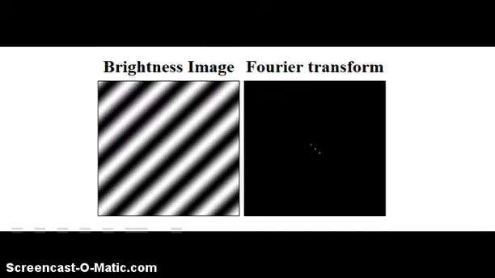Here's another brightness image, and this time the sinusoidal waves have been orientated in a more diagonal way, and you can see that it has the same pattern in the Fourier transform. The frequencies have then also been rotated to a diagonal pattern.